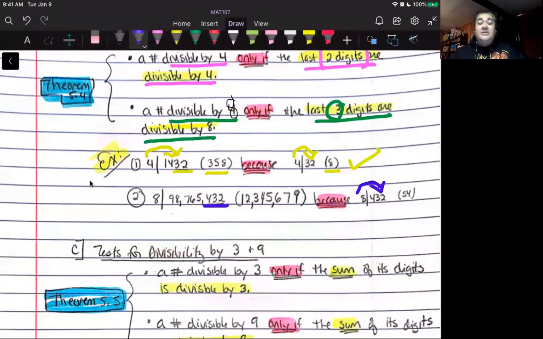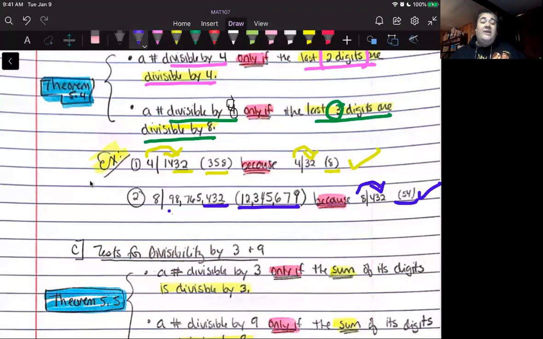And it does go into 432 54 times evenly with a remainder of 0. So because this is true, we know that 8 will go into this whole number, 98,765,432. It will also divide into it evenly, and if you were to put that into your calculator, you would find out that that is indeed the case.